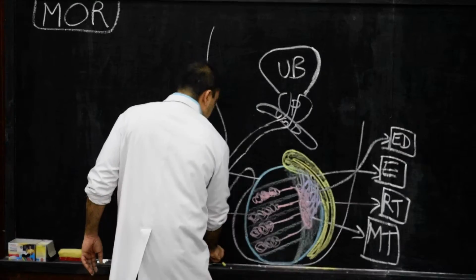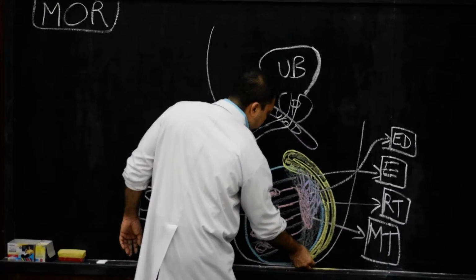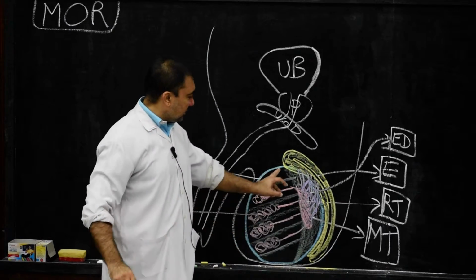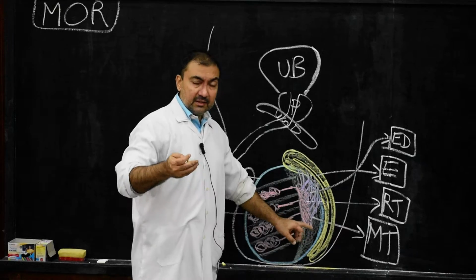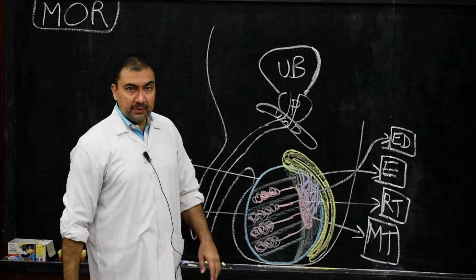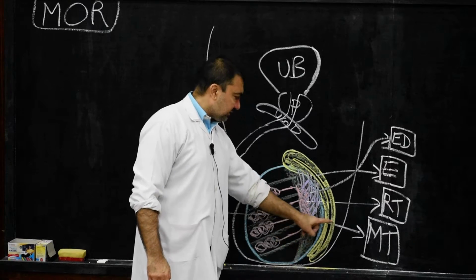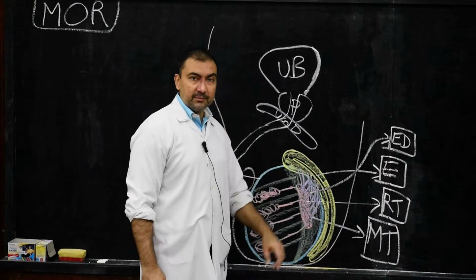From the tail the vas deferens will continue along the posterior border of testes, but medial to epididymis.